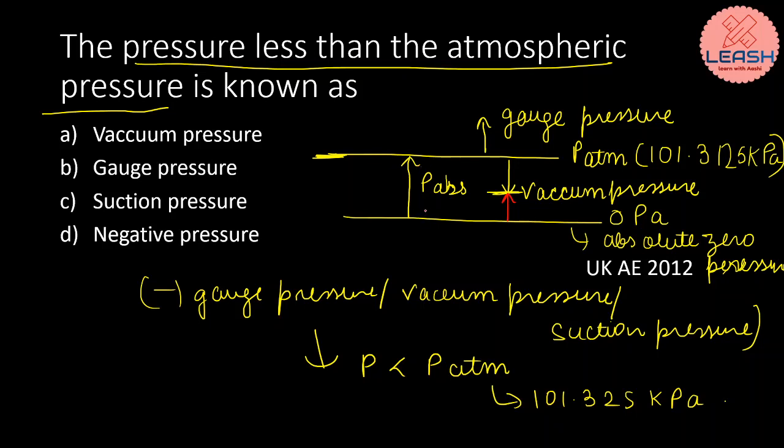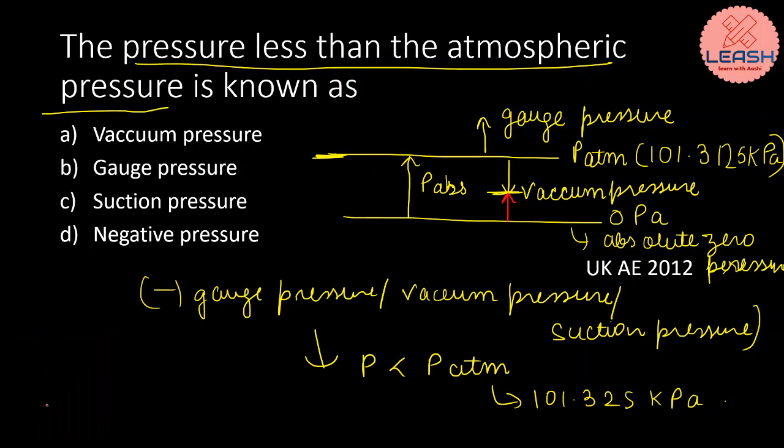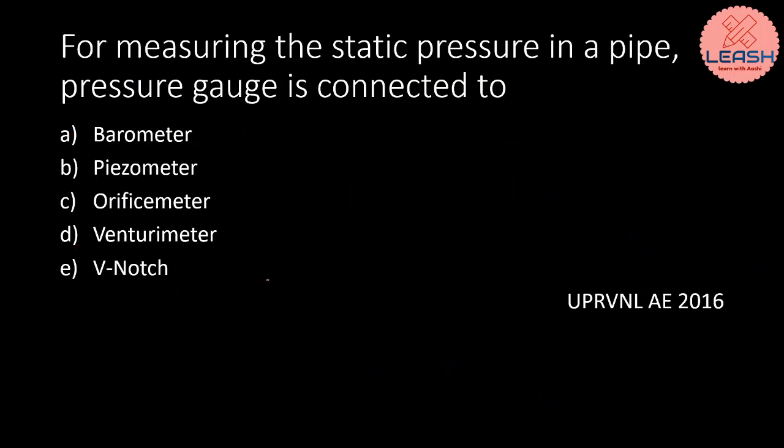And absolute zero means wherever the pressure is 0 Pascal. It is the pressure of a complete vacuum. So here all the three options will be correct: vacuum pressure, suction pressure and negative pressure.